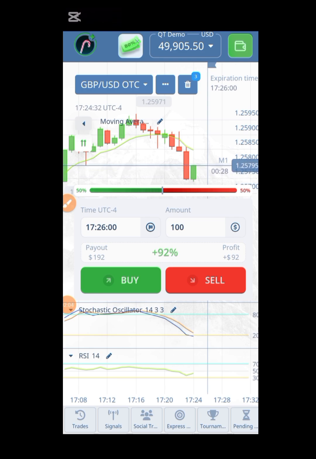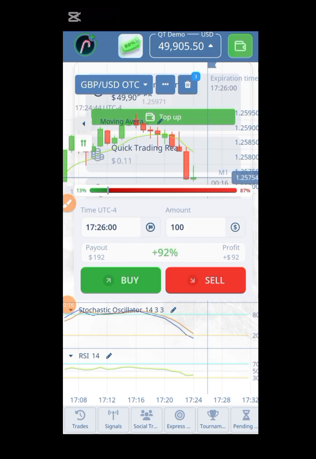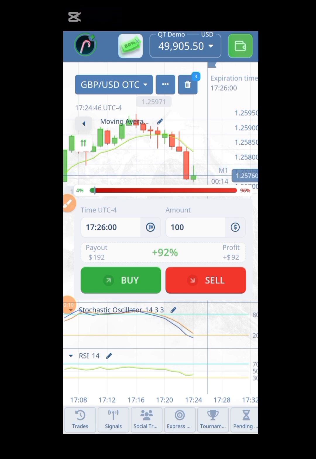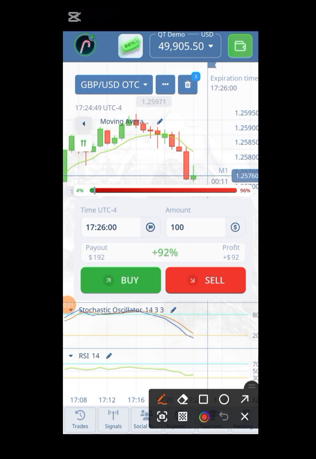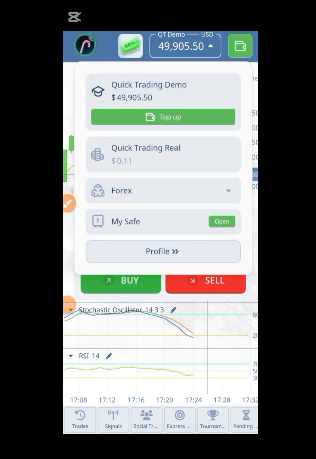Having done that, since you're a beginner, you have to go on demo so that you can practice. So here you click on demo. You click at this area and it will open the demo tools for you.